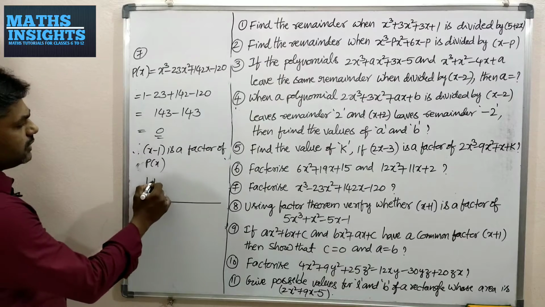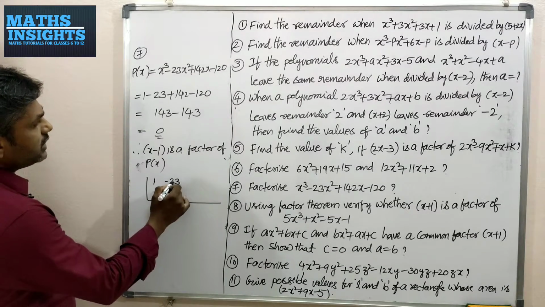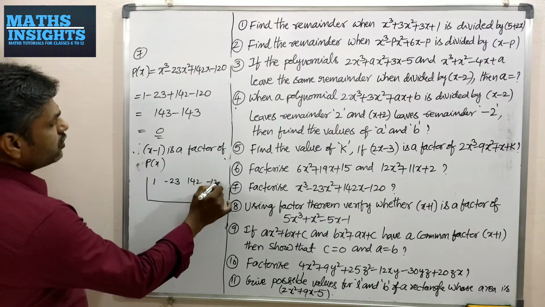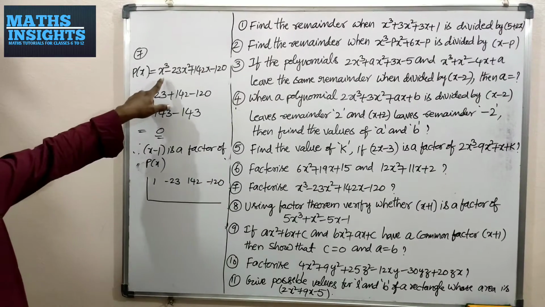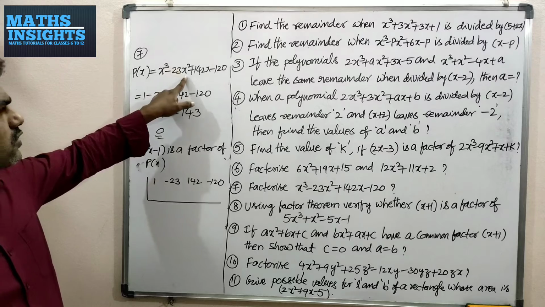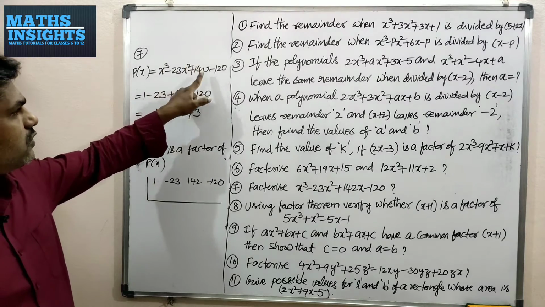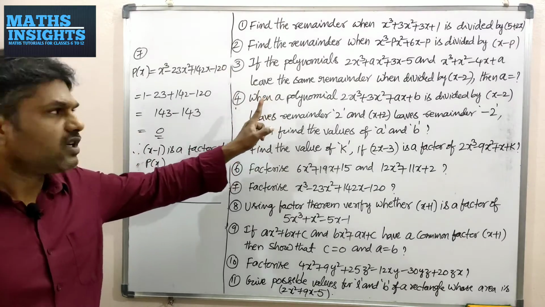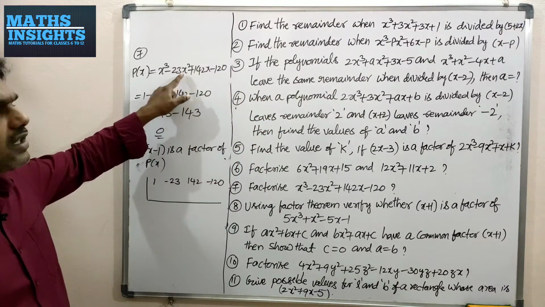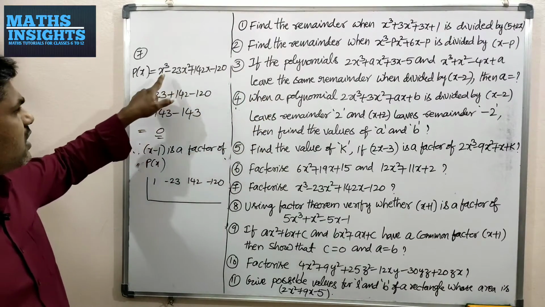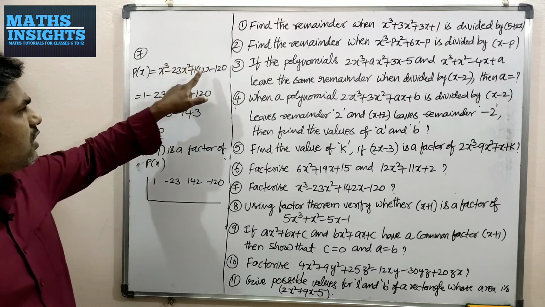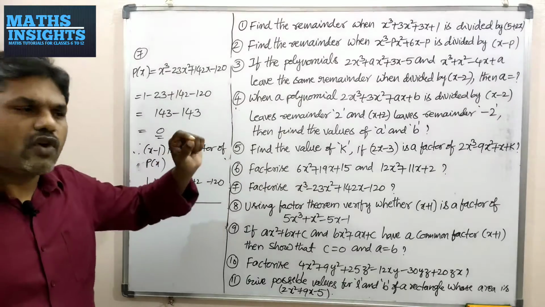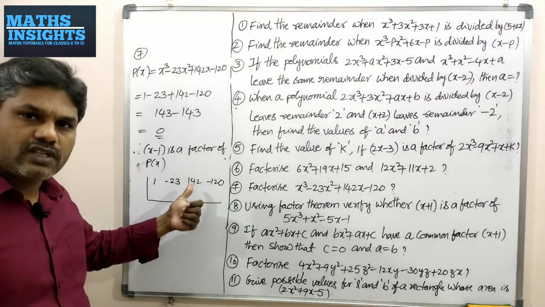That is 1, minus 23, 142, minus 120. You have to take care that after x cube there should be x square, after x square there should be x, after x there should be the constant. If any term is missing, for example after x cube, if you are writing x, you are missing x square, so for that you have to write 0 as its coefficient.